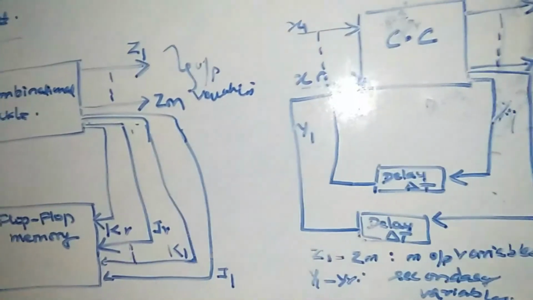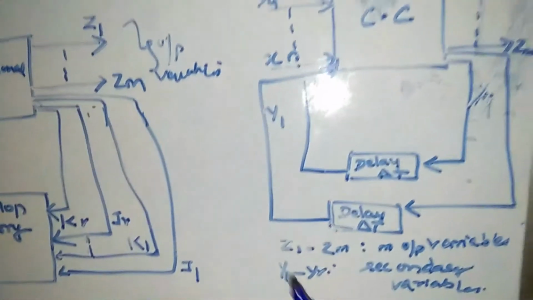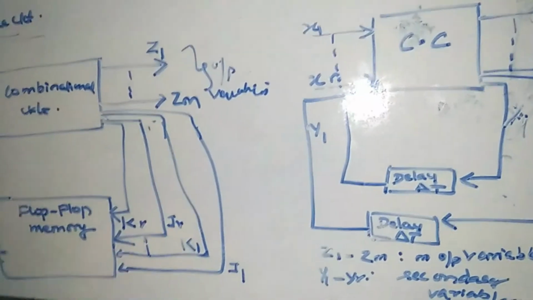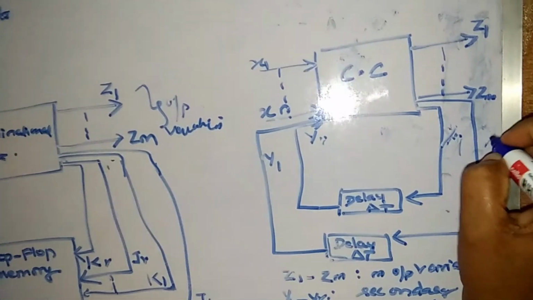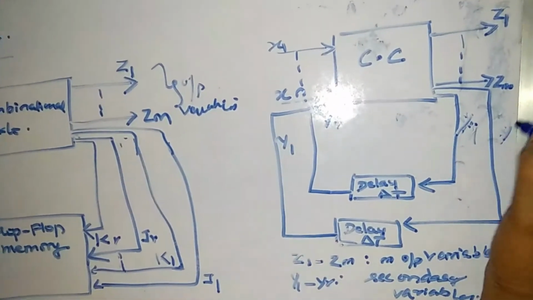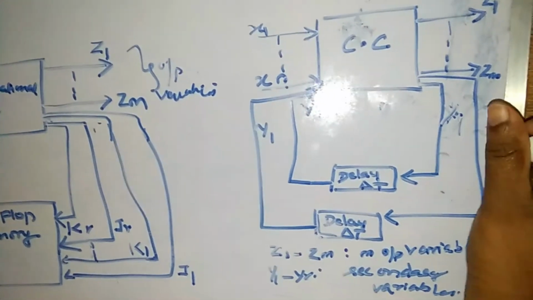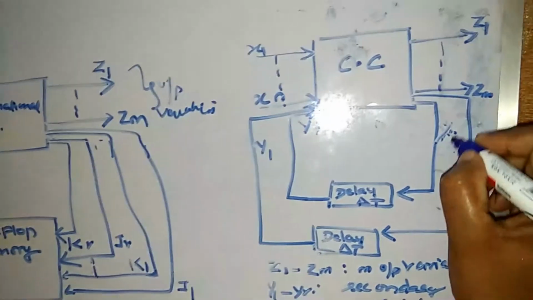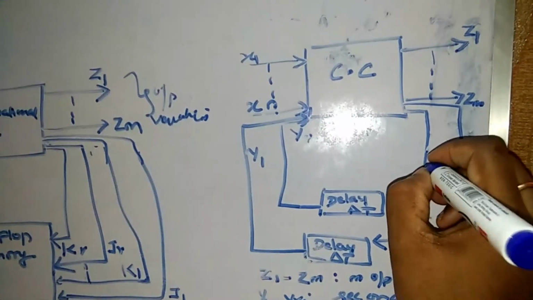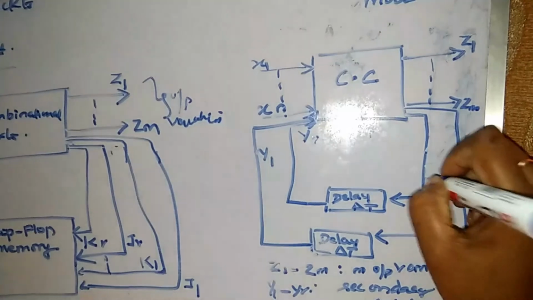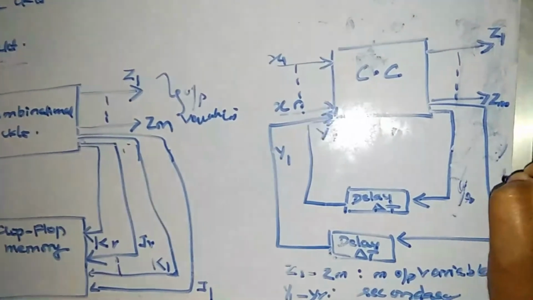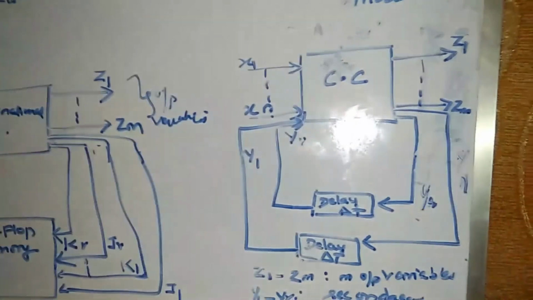You can compare this with your pulse mode circuit and know the difference between the two. So this is your y1 and this is your yr.